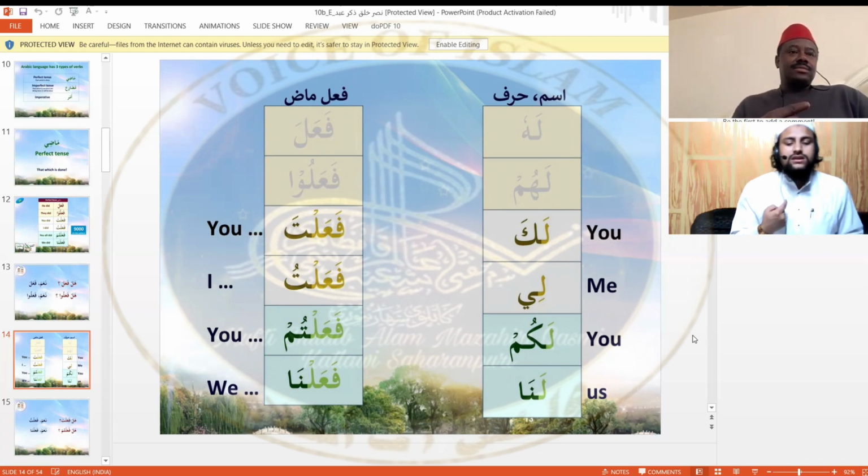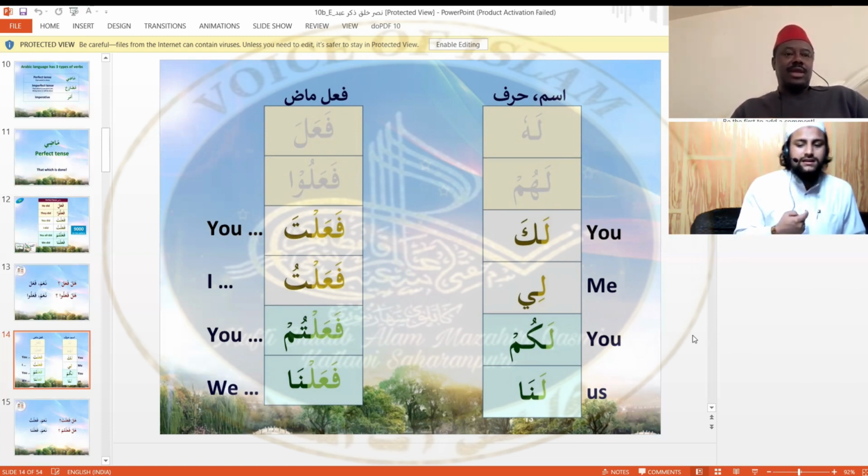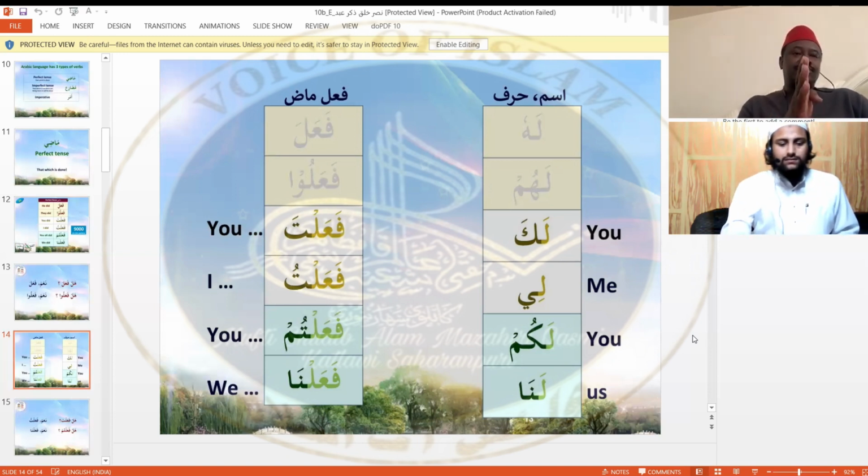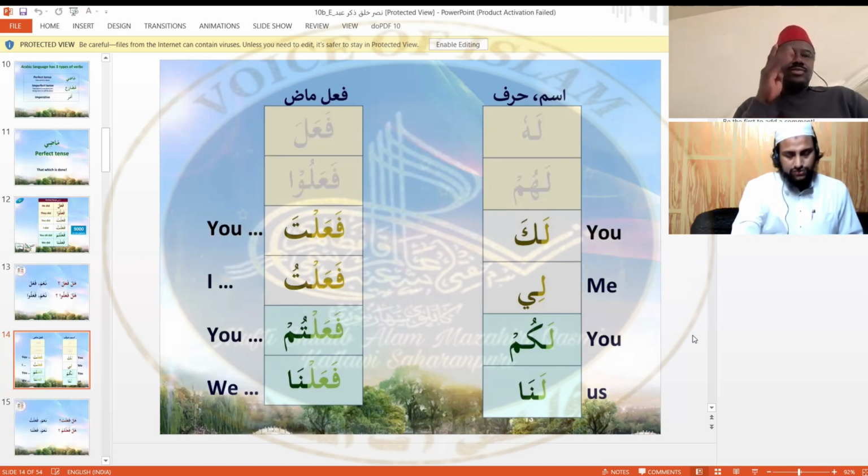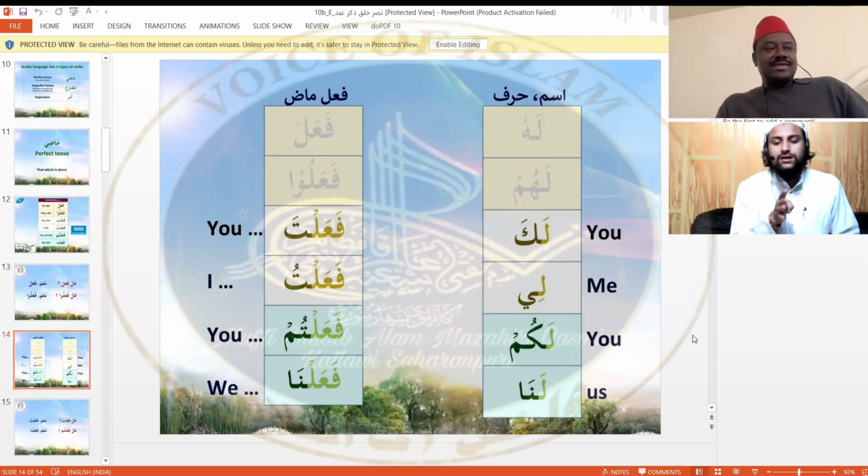Li and fa'altu, tu means me, I. Lakum and fa'altum, kum and tum mean you all. These are the signs to recognize. Kum means you all, and tum means you all.